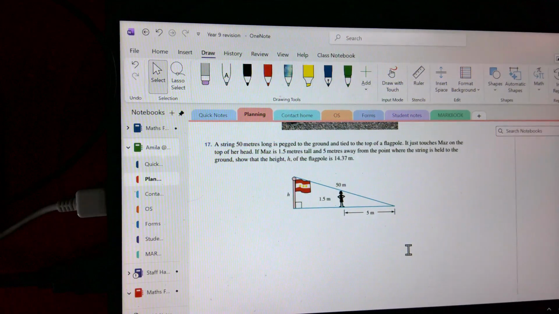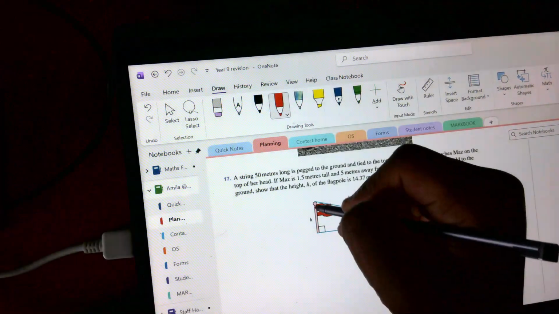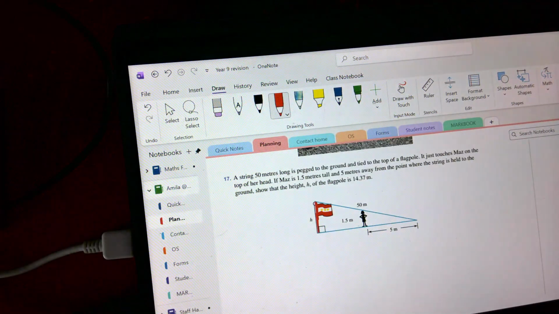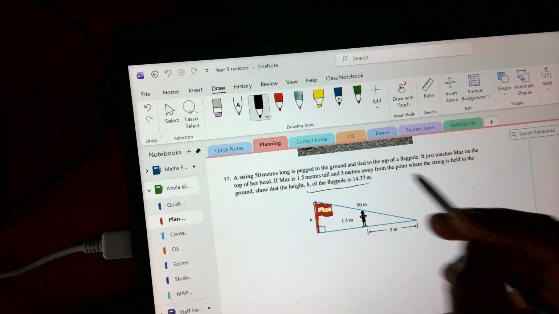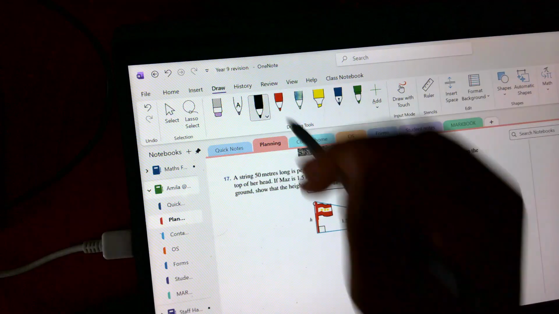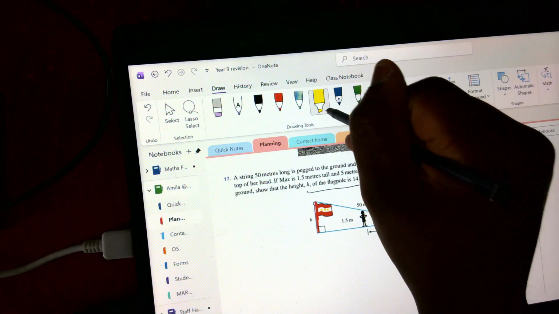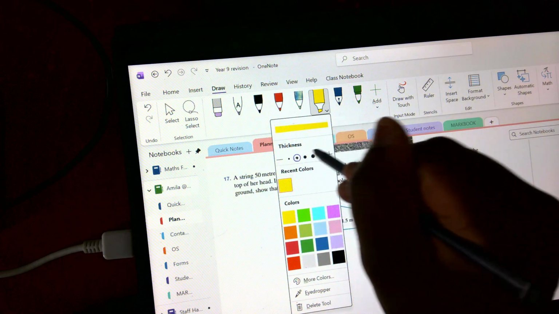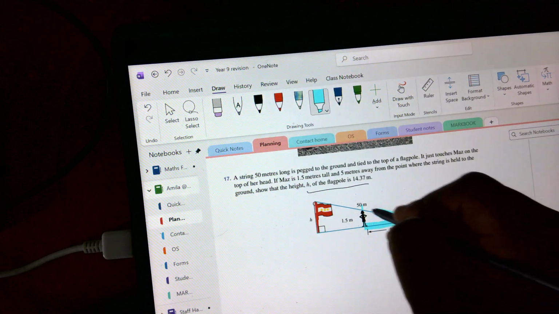So, a few things to note. First of all, we have our height here. It tells you that the height of the flagpole is 14.37. We've got to prove that h equals 14.37. So again, if I take my highlighter, I can highlight this little triangle here.